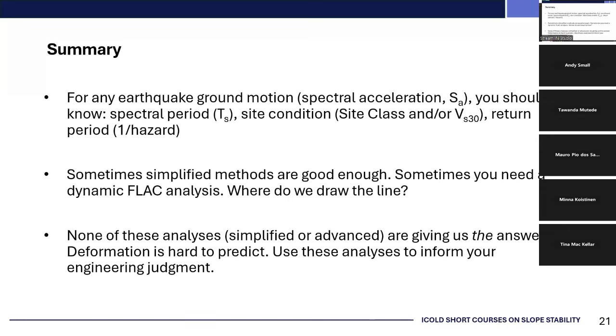So an example, I have a dam that's only 15 meters high. We subjected it to a magnitude 7 earthquake, calculated 10 to 15 centimeters of settlement. During a major flood event, our flood routing is showing us that during the flood, I could have 40 centimeters of settlement. My simplified seismic deformation analyses are saying 10 to 15 centimeters.